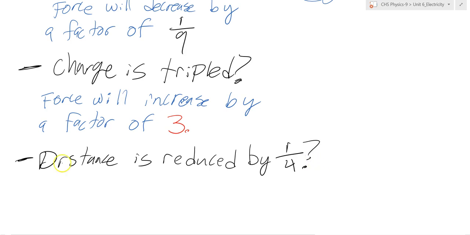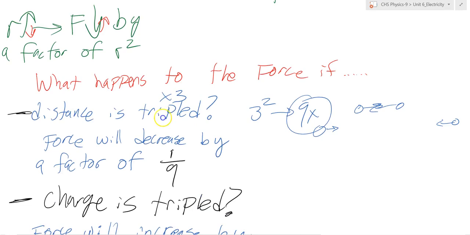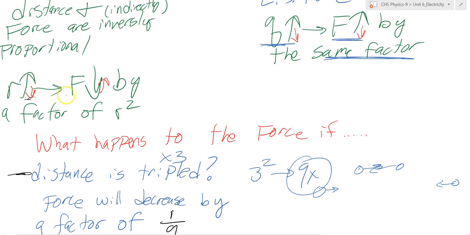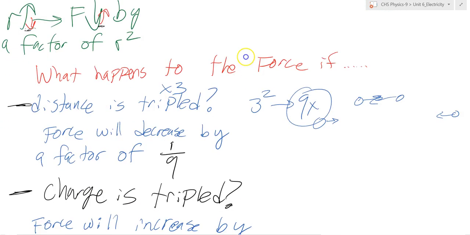So what's going to happen to the force if I reduce the distance by a factor of a quarter? So the distance is going to be smaller. So instead of this, we're going to have this. So we know that the force has to be greater, right? So distance went down, force has to go up because they're indirectly related. But it's going to be by a factor of r squared.